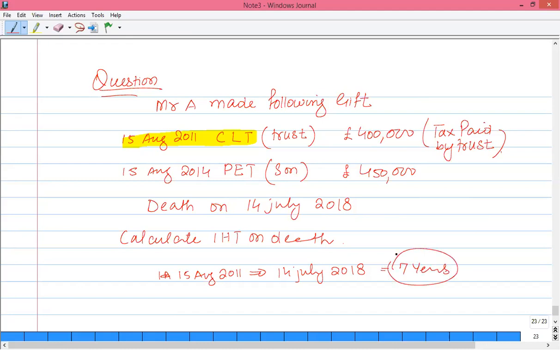So within 7 years, the 7-year rule is applicable. So we have to check the IHT on the CLT as well, CLT during the lifetime and CLT on death.